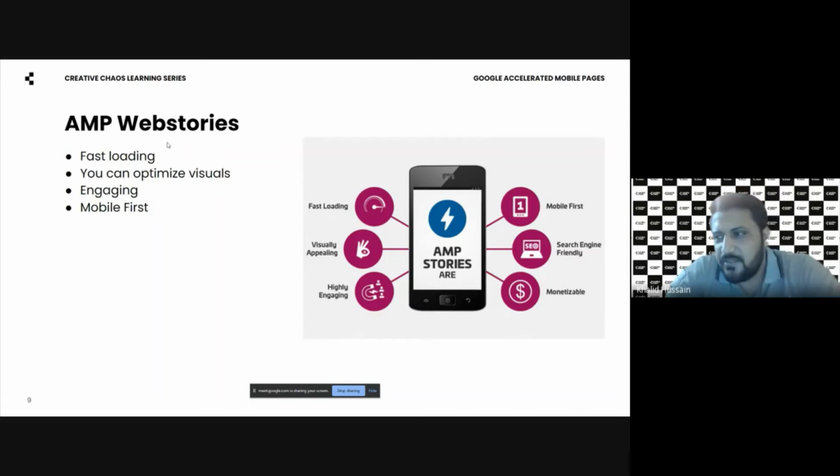You can optimize visuals according to your need. You can write your CSS for that, and it will be complying with that. It's really engaging because the old pages or the other pages are not something that would be taking a lot of space or a lot of time, but you can make use of engagement in this, and it's definitely mobile first, so it would be rendering according to the mobile pages.